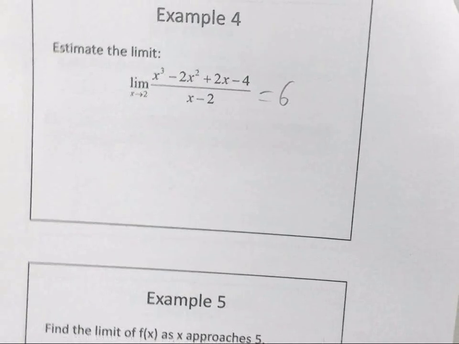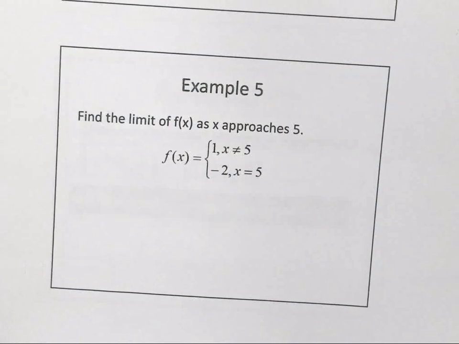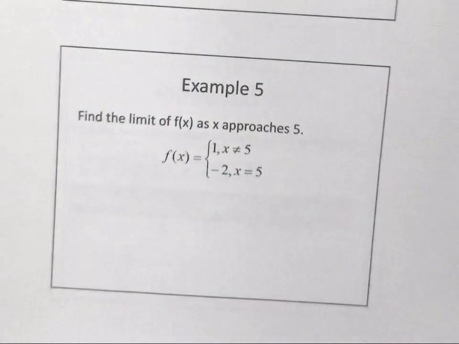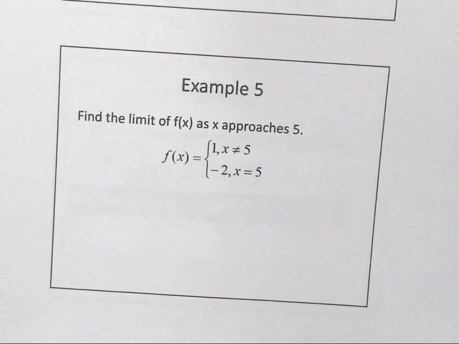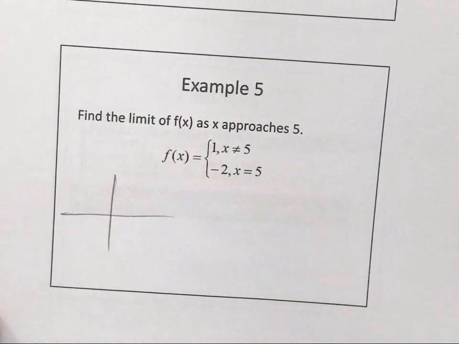Okay. I got the ones where the calculator won't graph them as easily. So I can't use the calculator here. Find the limit of the function as x approaches 5. I can still graph it just by hand, and it does help me if I do. Okay? So, what does this graph look like?